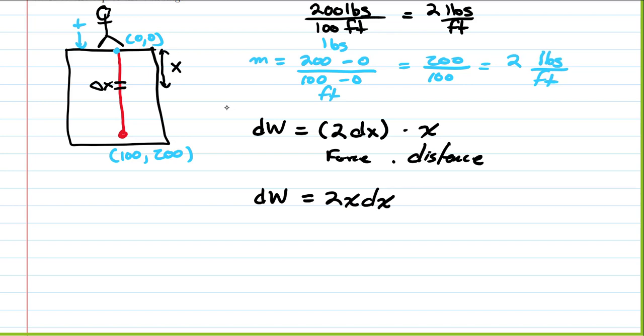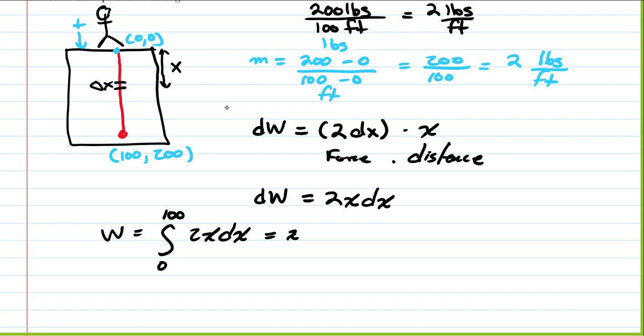Then to add up all of those little tiny slices of work, where are we going to integrate from? From 0, and how long is the rope? 100, right? So we're going to integrate from 0 to 100 of 2x dx.